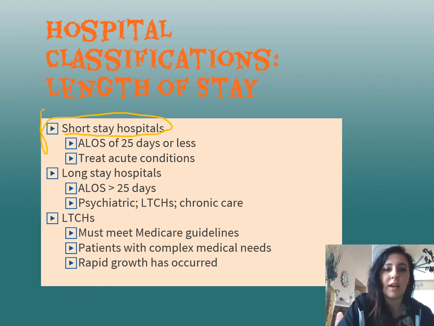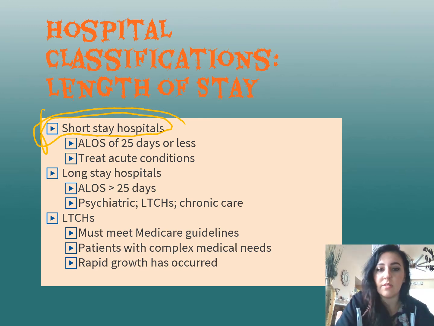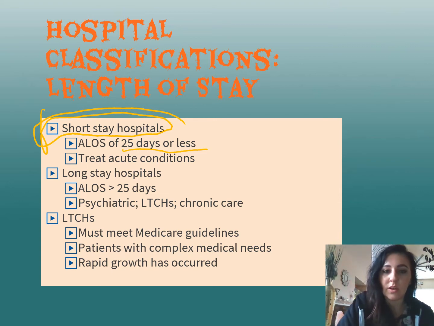Those are your common everyday hospitals, your general hospitals and whatnot. Same thing with the specialty hospitals. Most of them are short stay hospitals. A short stay hospital is where you stay 25 days or less. Next are the long stay hospitals. These are the ones where you stay over 25 days.